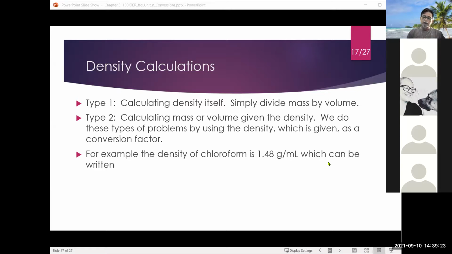And as with any ratio, just like the conversion factors that we utilize, I can write it one of 2 ways, with grams in the numerator or grams in the denominator.